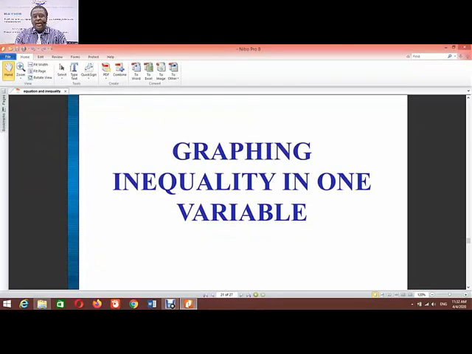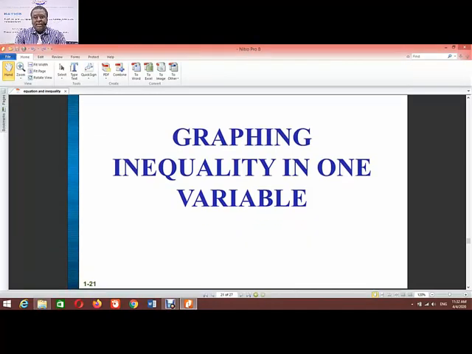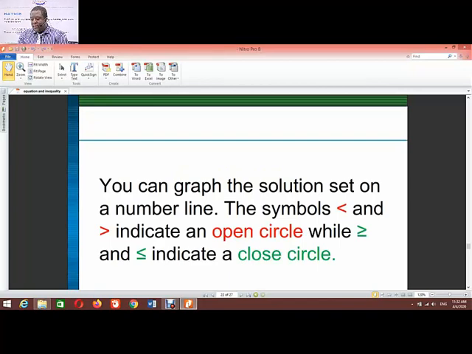Now let's move on to how we graph an inequality in one variable on the number line. Graphing is also easy. You can graph the solution set on a number line. The symbols less than and greater than indicate an open circle, while greater or equal to or less or equal to indicate a closed circle.